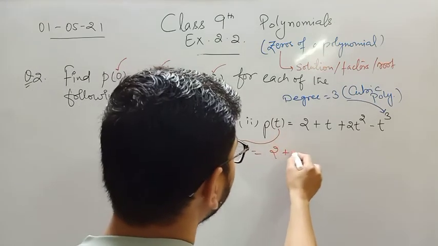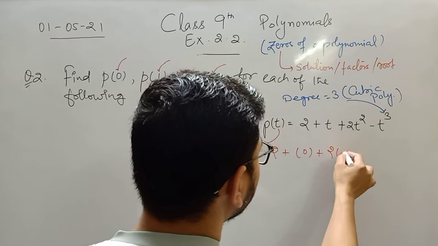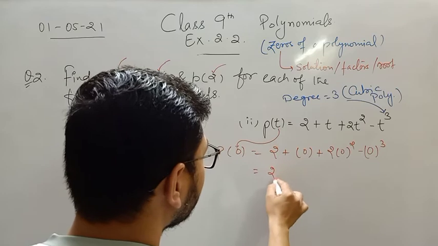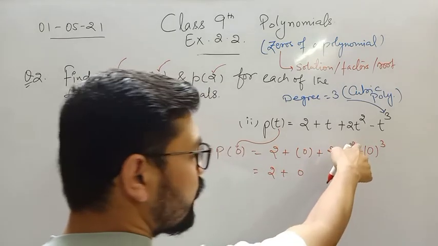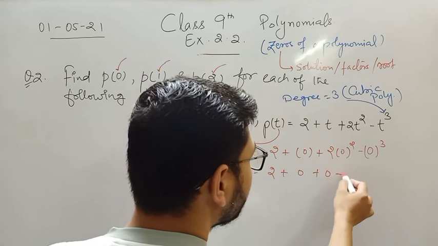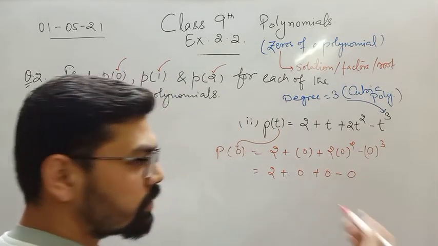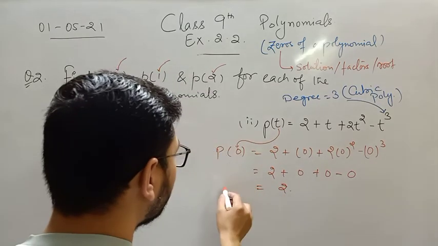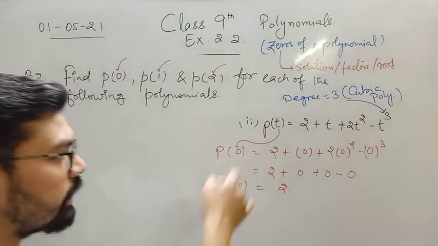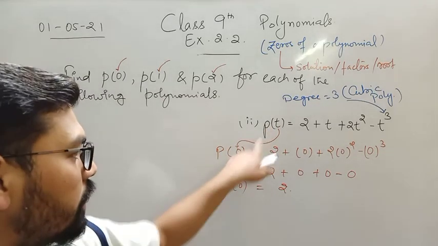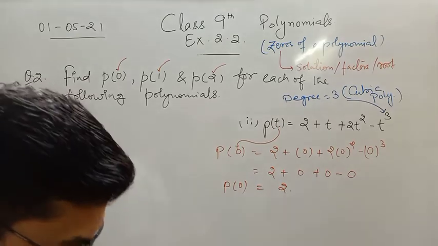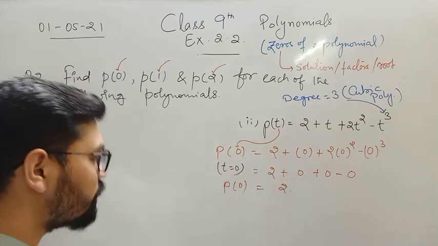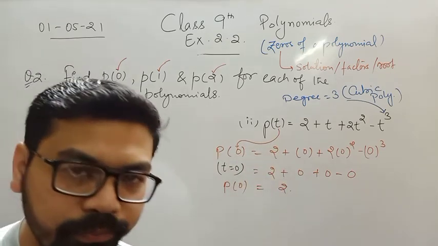So 2 plus 0 plus 0 square minus 0 cube. 0 square is again 0, cube of 0 is again 0, so the answer is 2. So for p0, the value is equal to 2. The value of this polynomial is 2 when you put t equal to 0. You can simply write here, for t equal to 0, this polynomial will give you a value equal to 2.